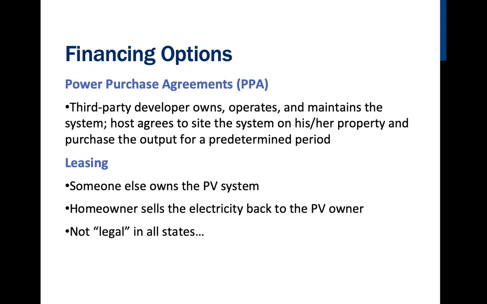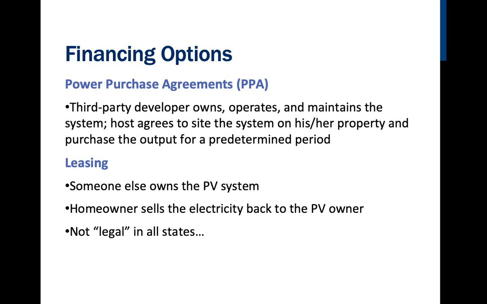You can't have third-party ownership in all states. Most states you can, not all states allow that. Leasing is another kettle of fish also, where someone else owns this PV system and you just buy the electrons off of it.